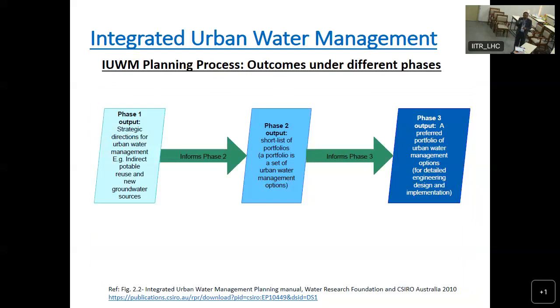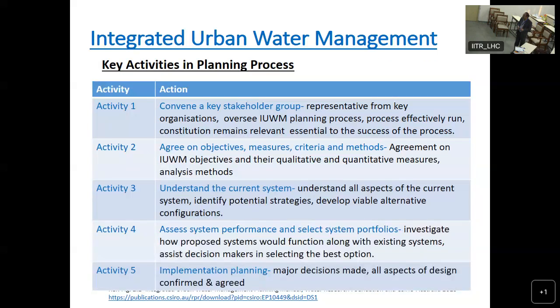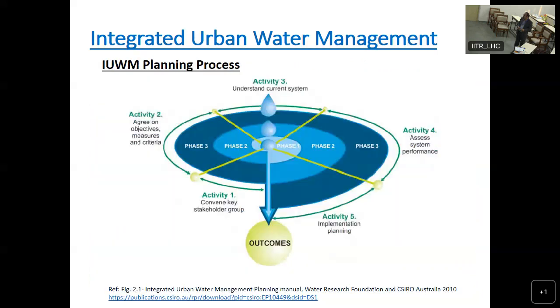So there were three phases also in that initial diagram which we looked at. In those three phases, these activities are being repeated. You can see phase 1, which is smaller, then there is phase 2, and the last one is phase 3.